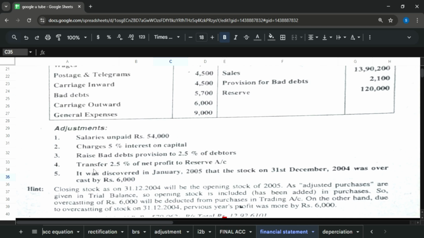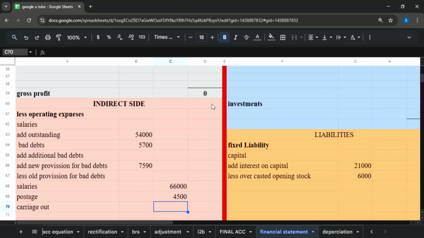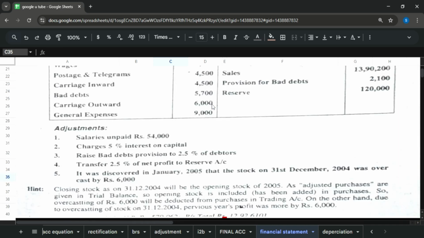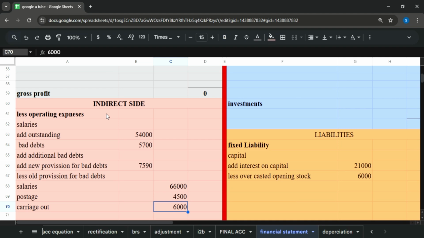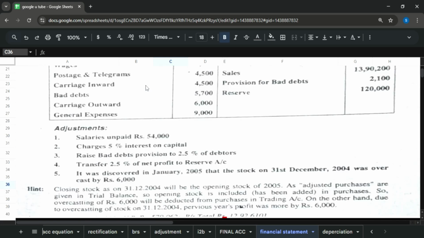The amount of carriage out is 6000. Write it down. Alright guys, we now have general expenses, again part of operating expenses. General expenses, the amount of which is 9000.